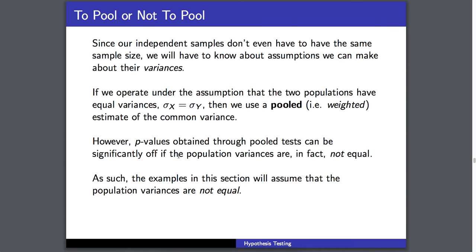So, unless otherwise stated, for the examples in this section we're going to assume that the population variances are not equal. There are tests you can perform called F-tests. Maybe I'll have a supplemental video on them in the future, but for right now, we're going to assume that the population variances are not equal to each other.